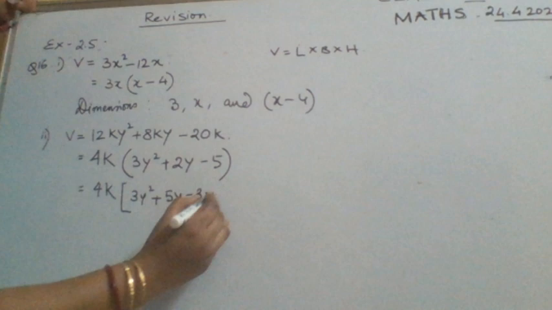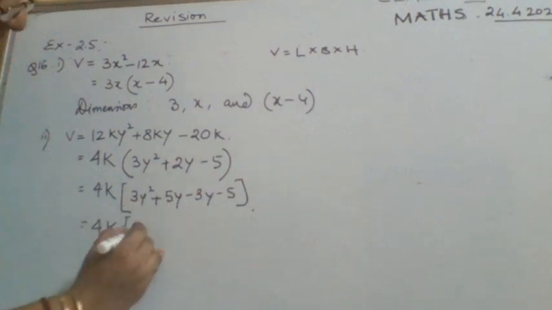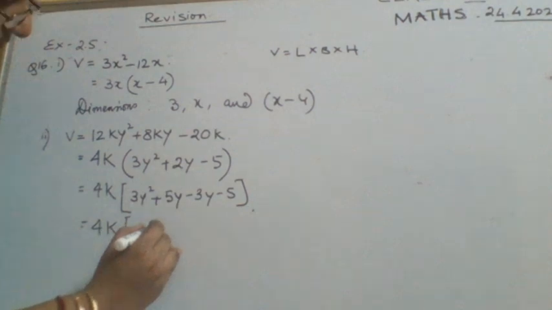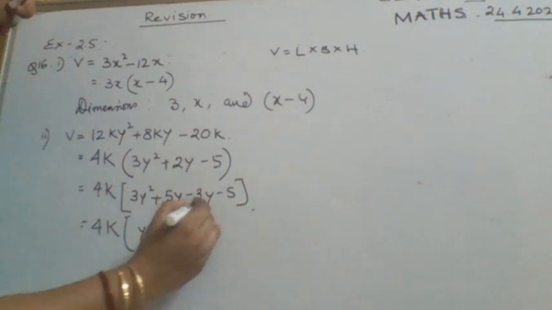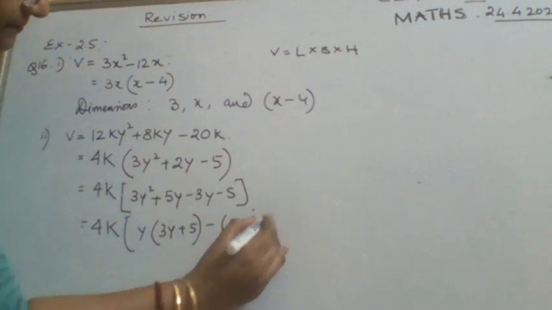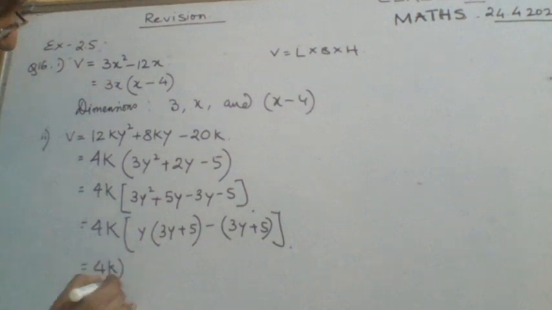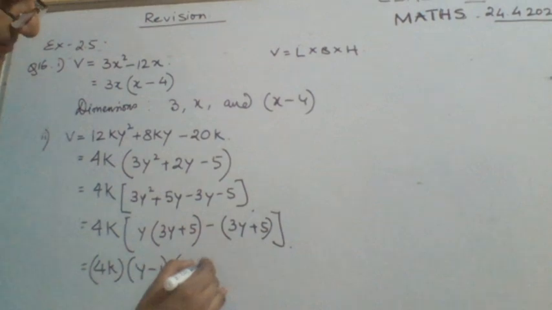This is your 4k and you take common. What can be taken common? Only y. So within bracket 3y plus 5. And here also if we take minus common, this is 3y plus 5, and this comes out to be 4k, then y minus 1 and 3y plus 5.